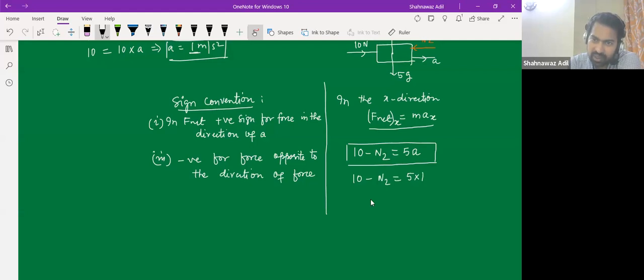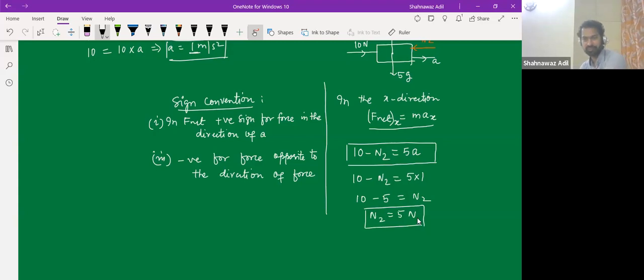So we can calculate: this is minus 5, which is equal to N2. So N2 is 5. Is this part clear, everyone? Yes, sir. So this is how we calculate N2.